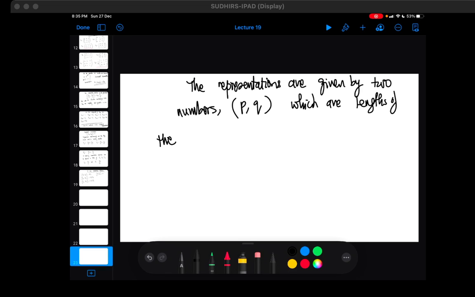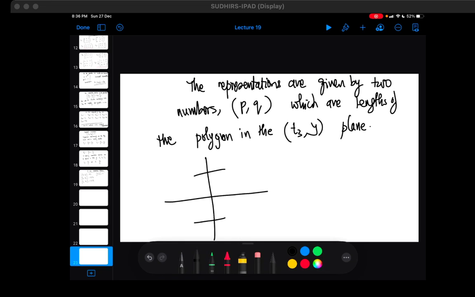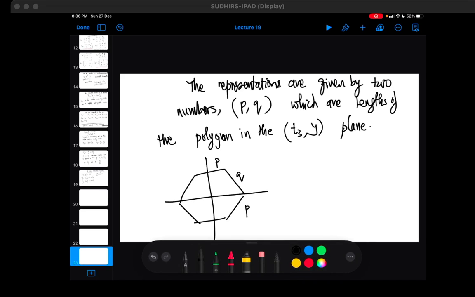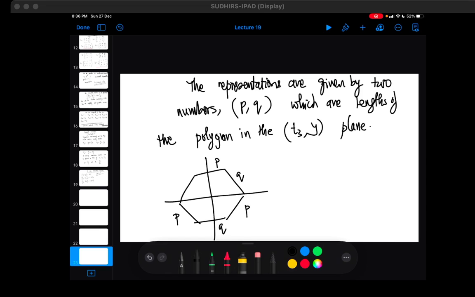Actually, the representations end up being some sort of polygon pattern in this graph. Say, for example, you have a representation whose lengths of the polygon in the T3 Y plane are P, Q, P, Q. So this is a representation PQ.